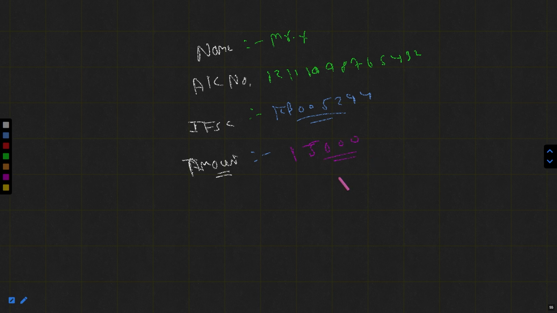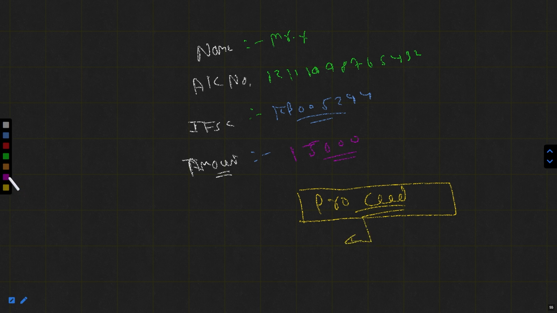So these are the details you have filled. At the bottom, you will get an option of proceed. When you click on this option, the system will ask for authentication.